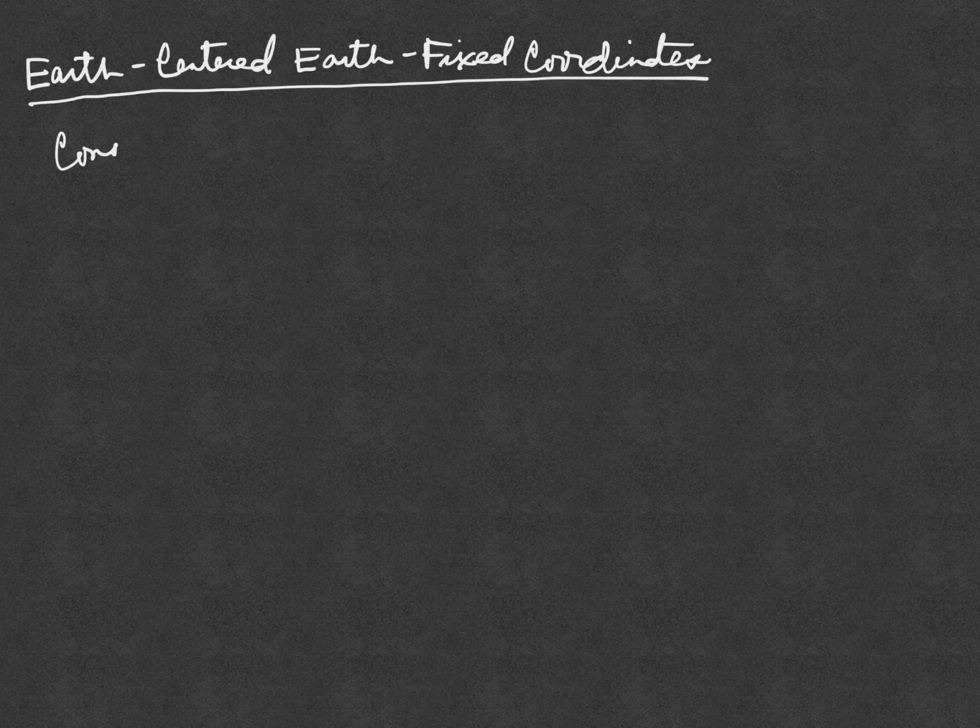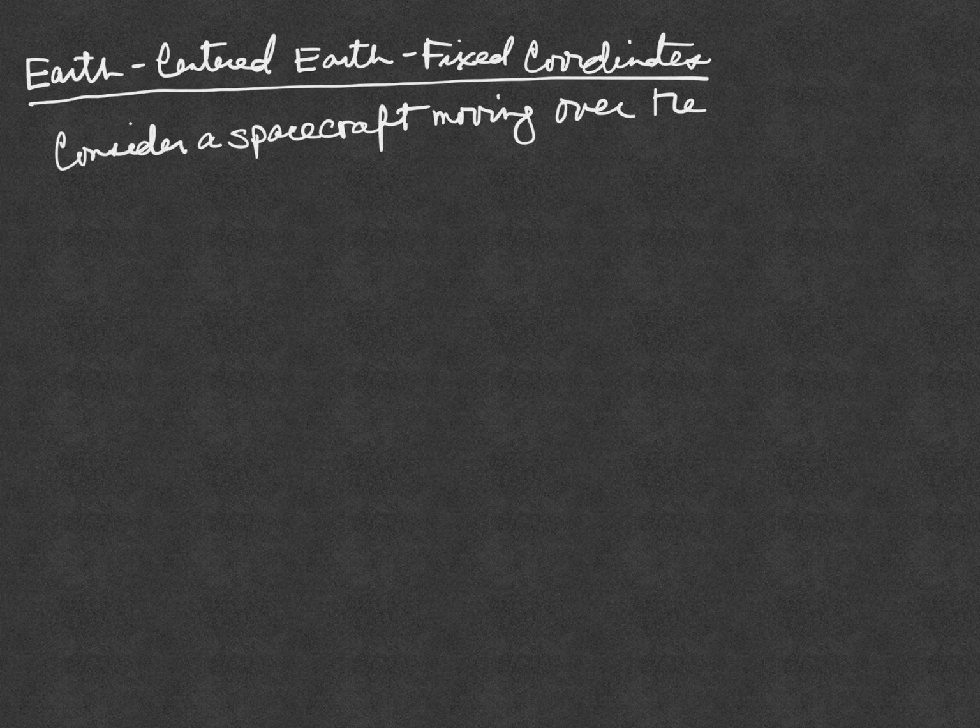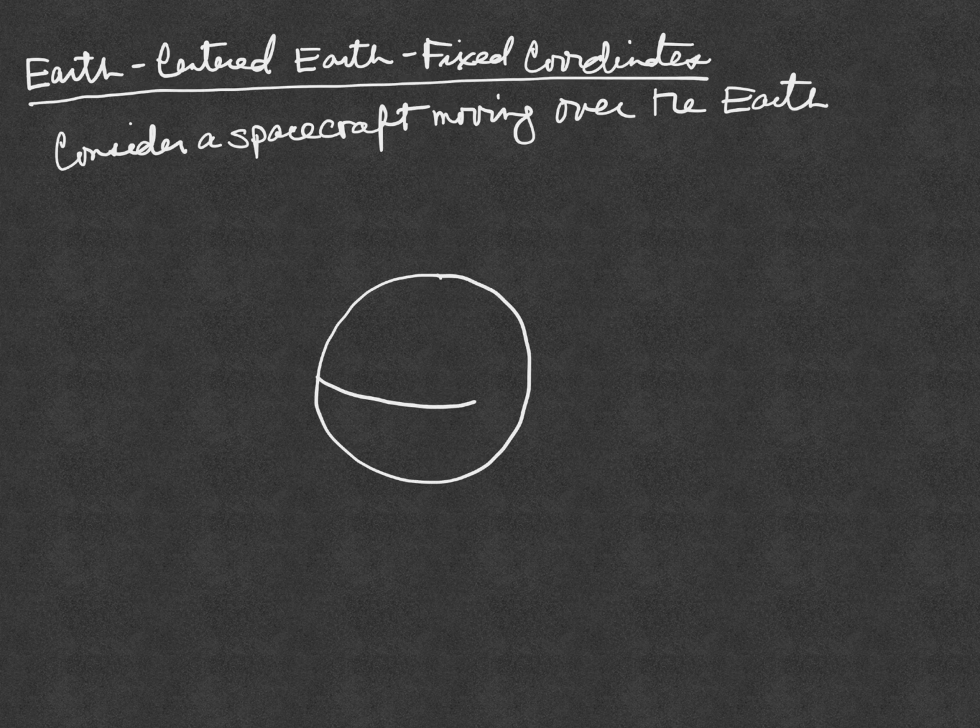Let's start with this picture as follows. Now this picture looks as follows. We have the Earth, and the center of the Earth is denoted as point O. The spacecraft in this particular case is going to be denoted by the symbol P. So P is the spacecraft.